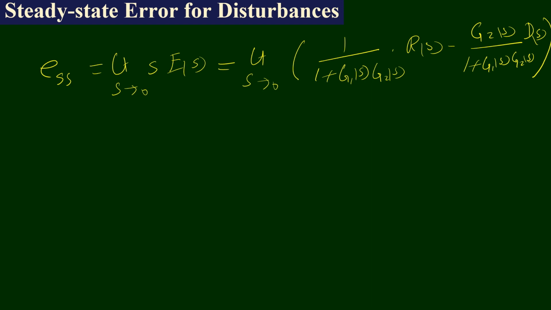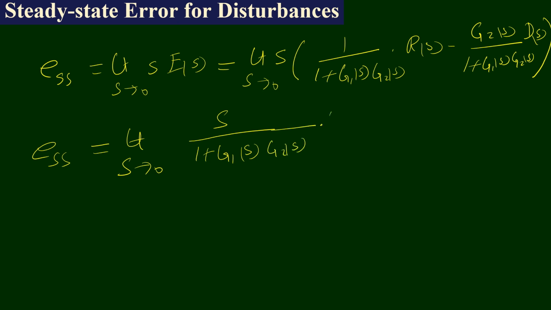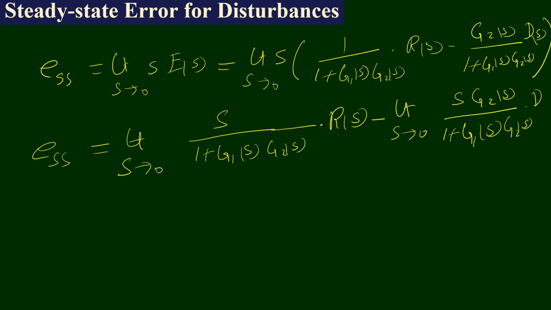In this slide, if we put these limits, we will get ESS equal to limit s tends to 0 of s upon 1 plus G1(s) G2(s) into R(s), minus limit s tends to 0 of s G2(s) upon 1 plus G1(s) G2(s) into D(s).